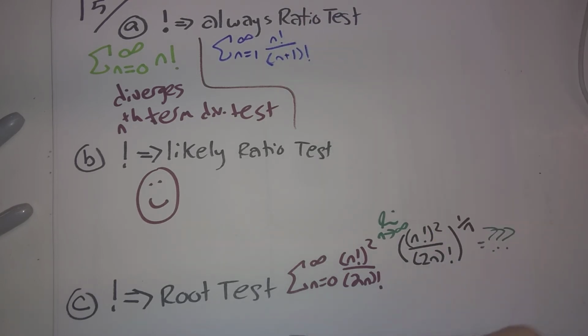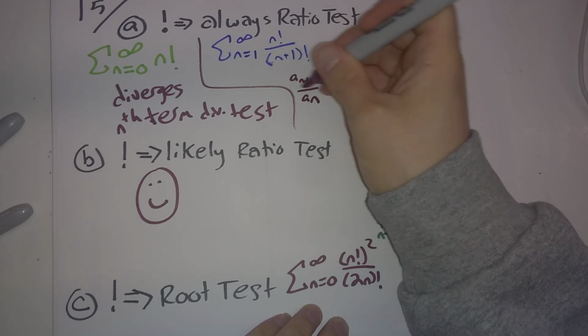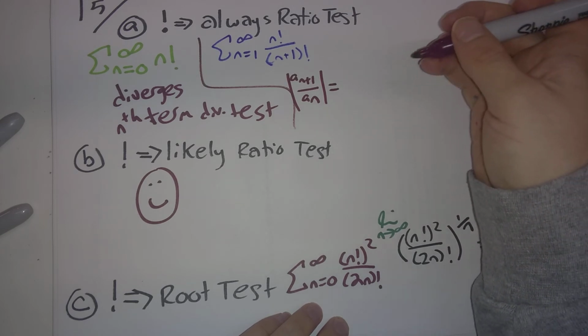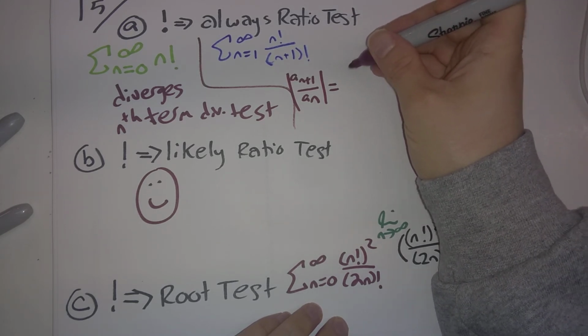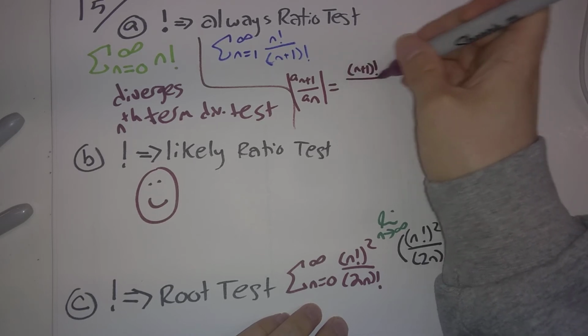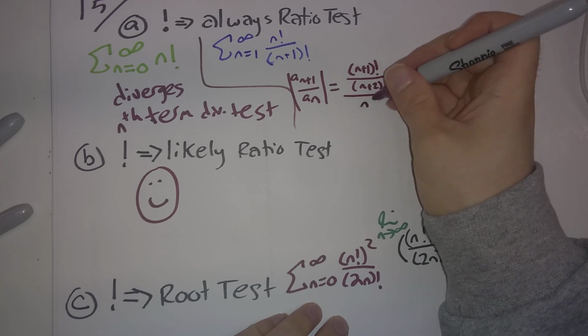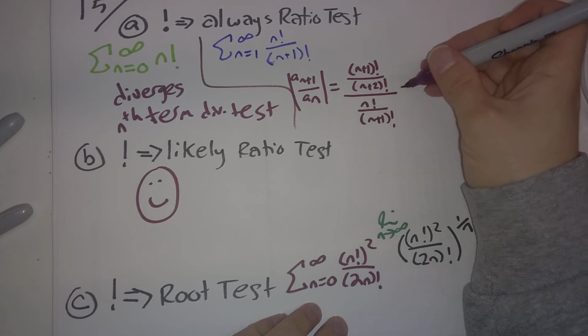So if we apply the ratio test here, the absolute value of a sub n plus 1 divided by a sub n, well, I can drop the absolute value bars because everything in sight is positive. This ends up as n plus 1 factorial divided by n plus 2 factorial, all of that over n factorial divided by n plus 1 factorial.